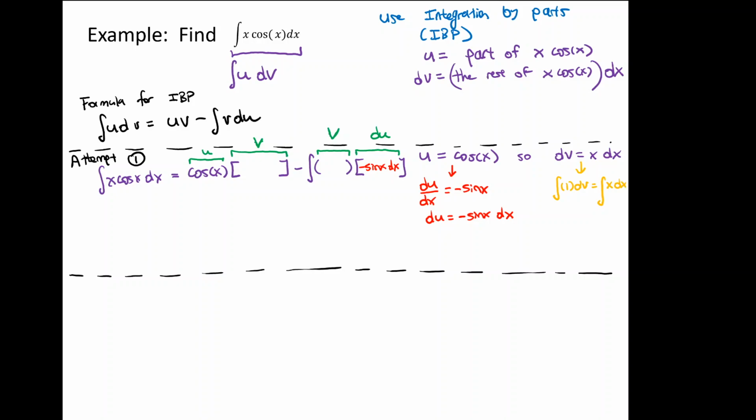Okay, the antiderivative of 1 with respect to v is just v. The antiderivative of x with respect to x is 1/2 x squared using the anti-power rule. There is a plus c, but we'll just take care of the plus c later. I'm not going to embed it at this stage. We just need it once at the end, and that's what we'll do. So now I'm going to put the v in the spot where it appeared inside the formula.